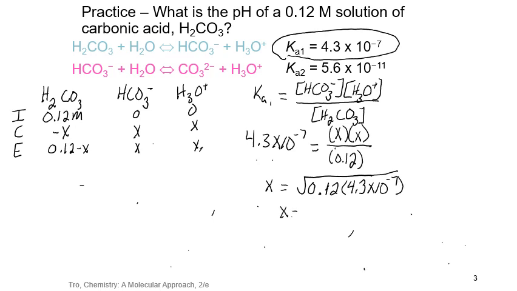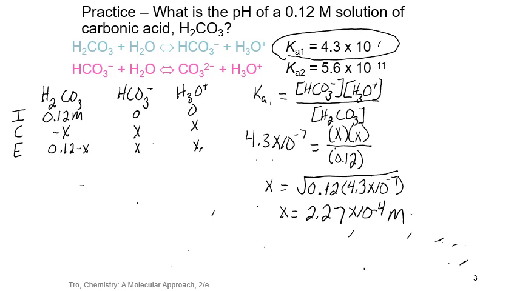And so in this case, x equals 2.27 times 10 to the negative fourth, and that would be molar. So that is the concentration of our H3O plus from our ice table.